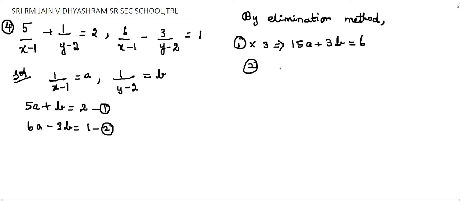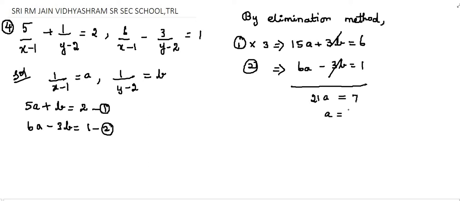And the second equation, 6a minus 3b is equal to 1. When I add, plus 3b minus 3b get cancelled. So 15a plus 6a I'll get 21a is equal to 7. So a is equal to 7 by 21, that is 7 ones are 7, 7 3s are 21. So a is equal to 1 by 3.